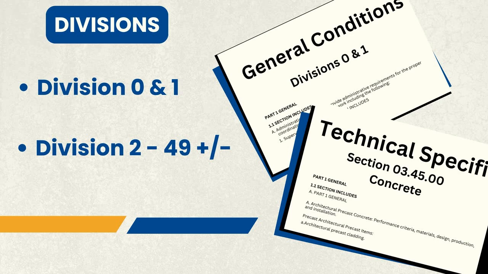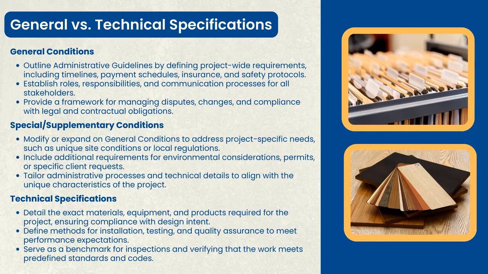So we look for those special or supplementary conditions to be able to support the general conditions in our specs. Division 2 through 49 are typically known as technical specifications, and this is where we're going to be looking for the technical data or information around the different materials, products, and equipment that we're going to be using on the project.